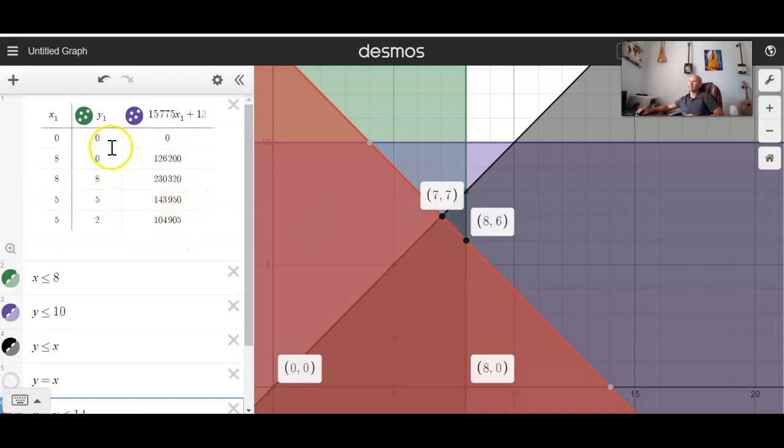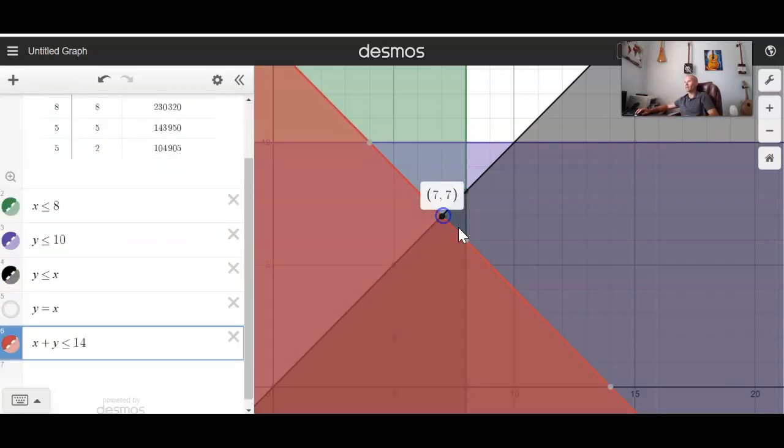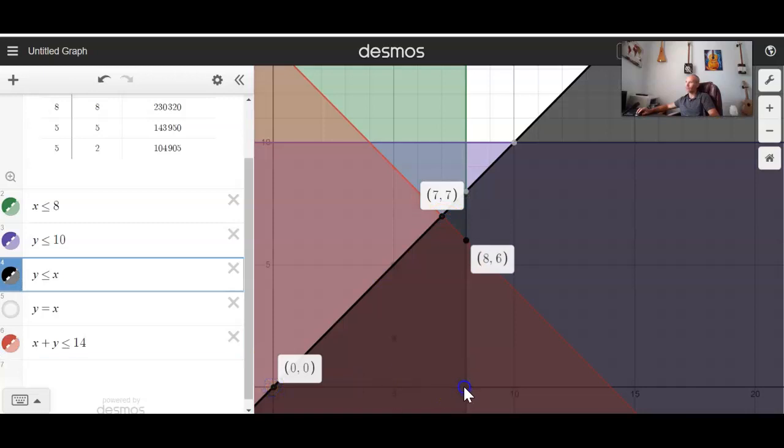That was the point 8, 8, and that's no longer a valid point. So once again, we're going to make that argument that you shouldn't pick anything along the line here. Here you'll have 5, 5. That's where Y is less than or equal to X.